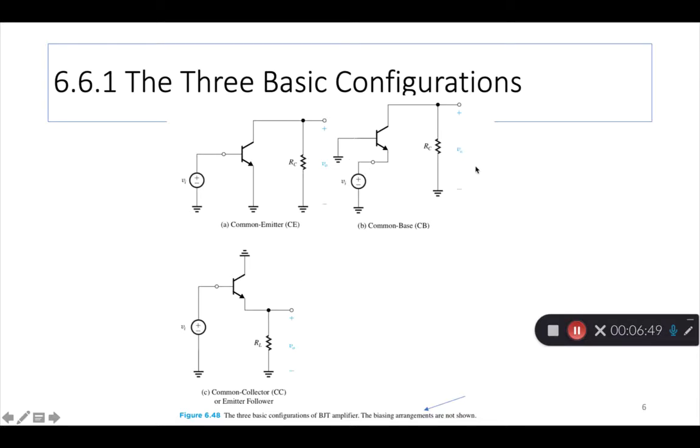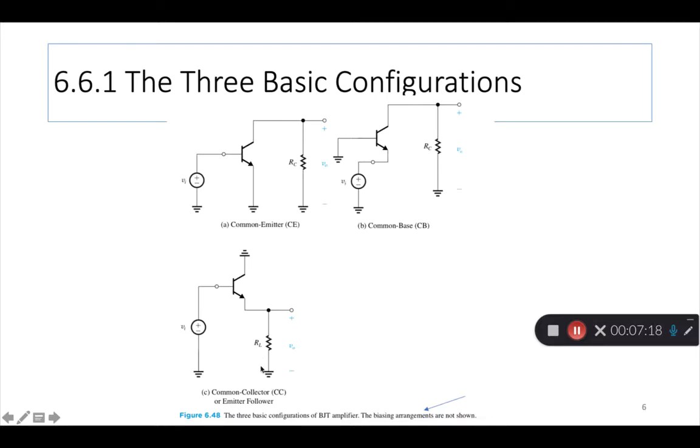And the output comes out from collector and base, right? In common emitter, the output V0 comes out from collector and emitter. So whichever is the terminal that we have grounded, both the input and the output are with respect to that terminal. That's what you have to understand when we talk about common.